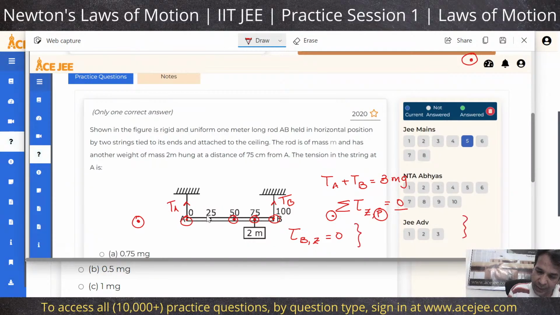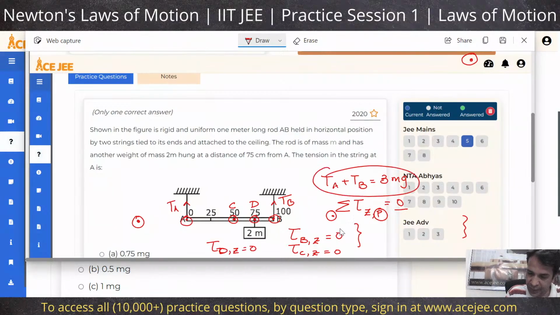I can write about, let's say this is point C, this is point D. I can do the same thing about C. I can write the same thing about D, but using this equation and, let's say, the one you wrote, from these two equations you can derive this one, you can derive any other equation, right? That's why we only have two independent equations. All the rest are dependent equations.